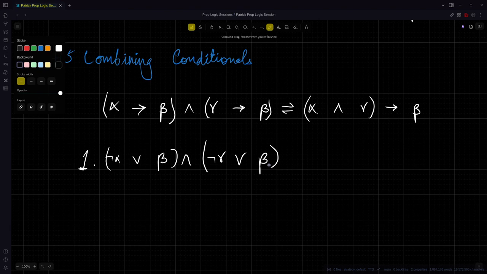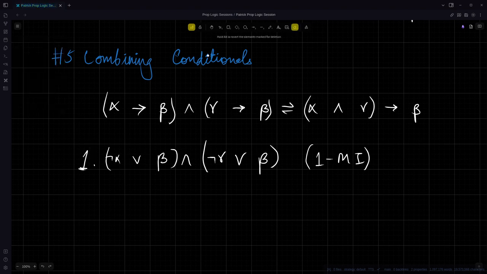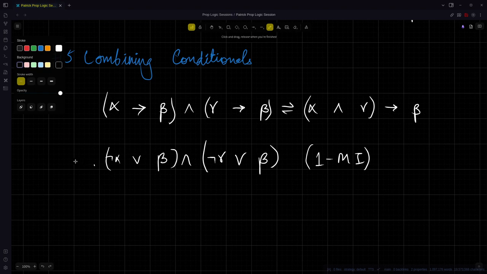Okay. So this is supposed to be one material implication. I'll just rename the step as 2. Oh, second premise, yeah.